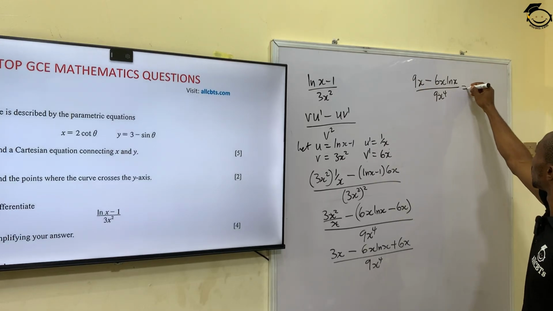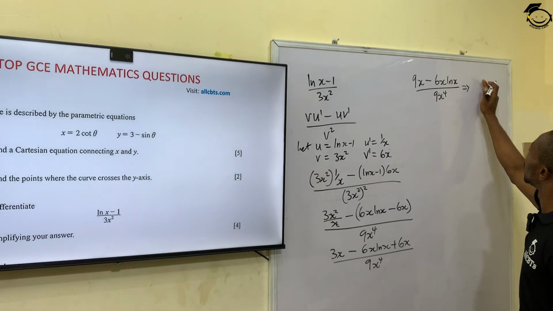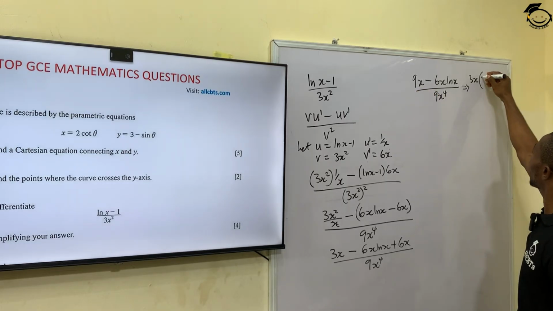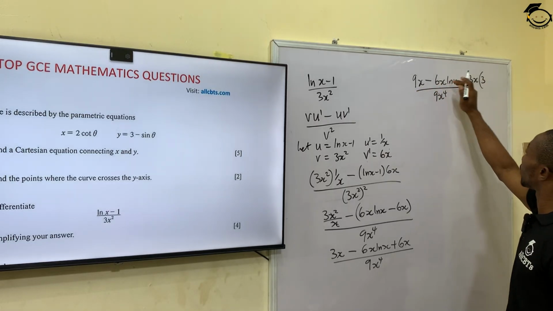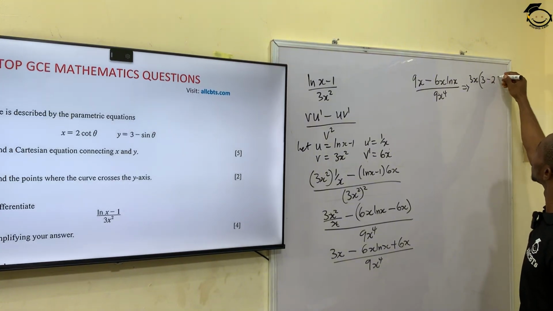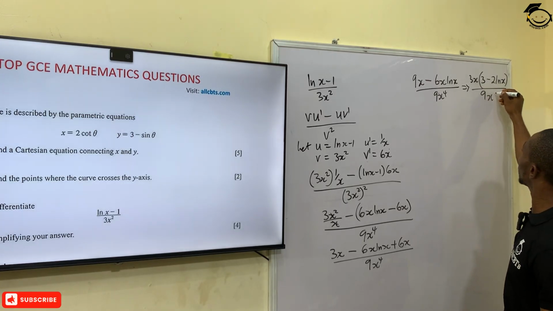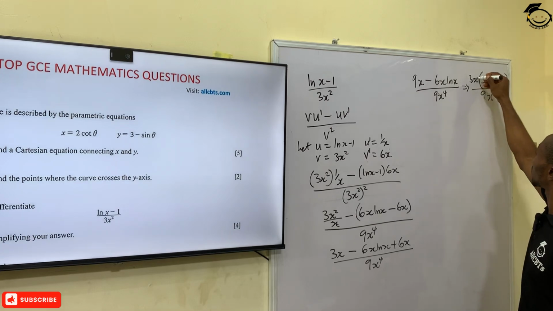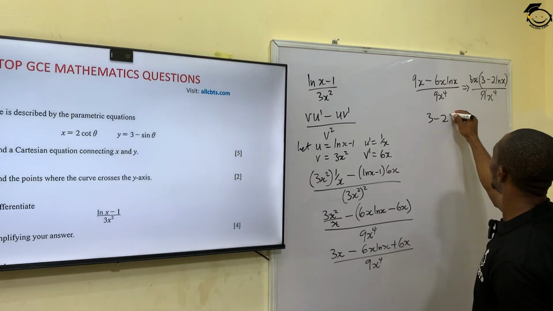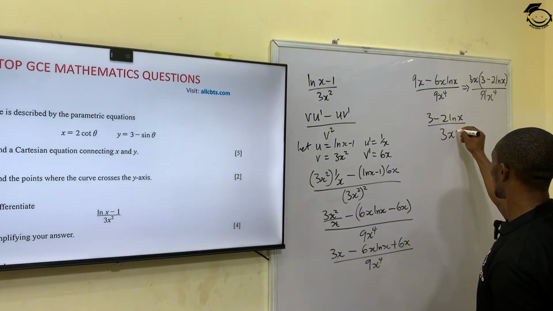What's common here is 3x. If we remove 3x from here, we have 3. If we remove 3x from here, minus 2x in x, all over 9x raised to the power 4. Okay, so we cancel this to give us 3 minus 2 in x, all over 3x raised to power 3.